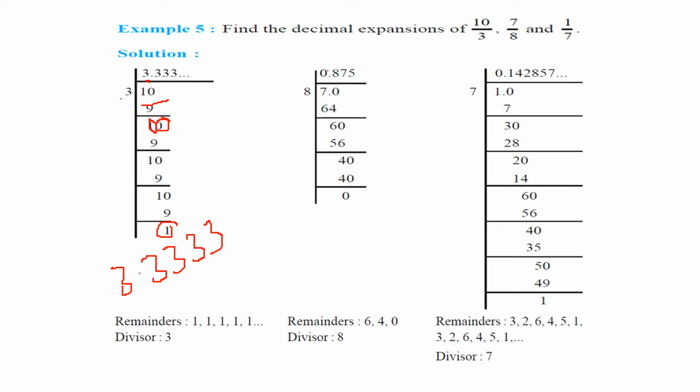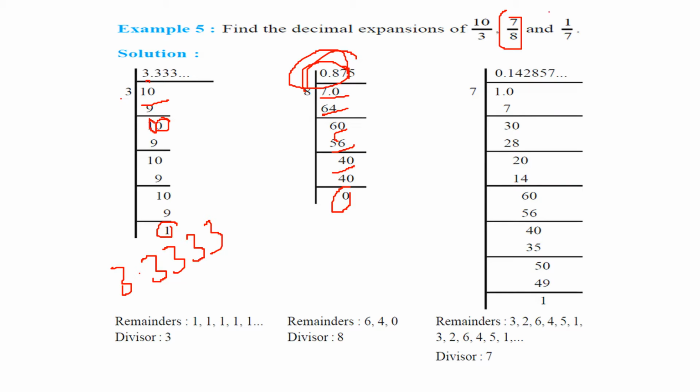Now 0.875, because this is 7 divided by 8, so I have to take a 0 so that I can have a 0 here. So 8 7s are 56, then 6, 0, then 8 7s are 56, then 4 is the remainder, 5 is 40, then 0 is the remainder. So this is completely divisible, no problem with that.